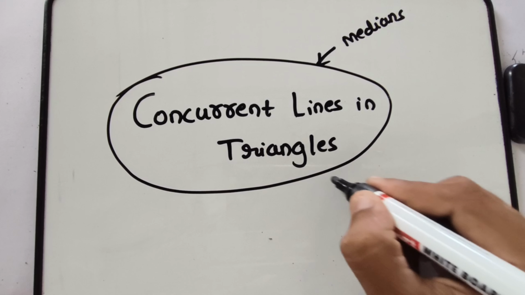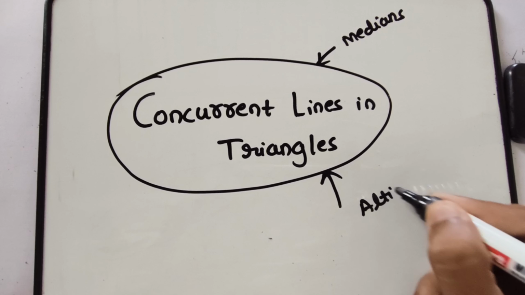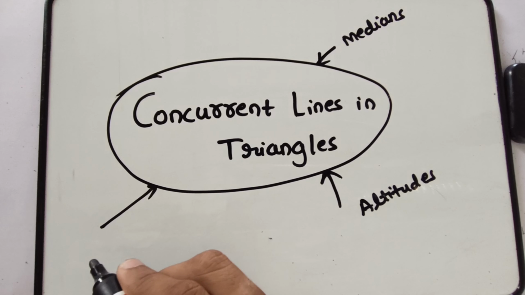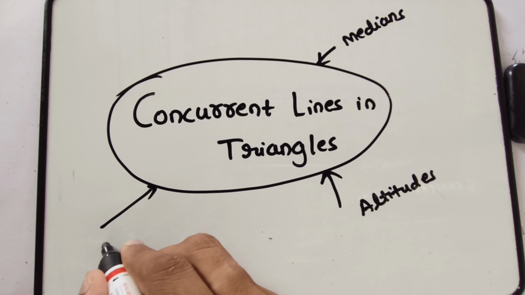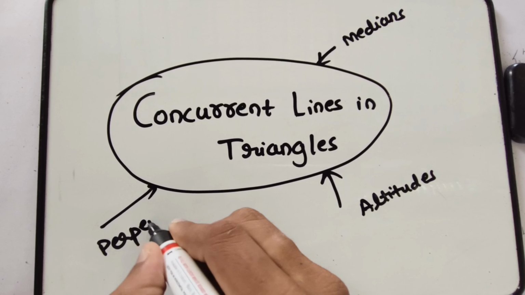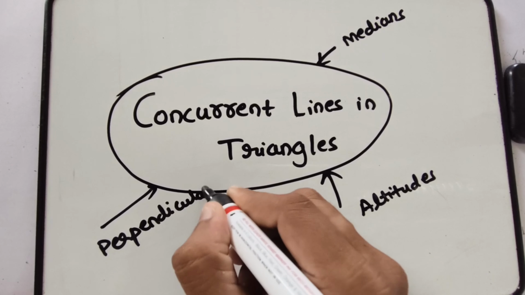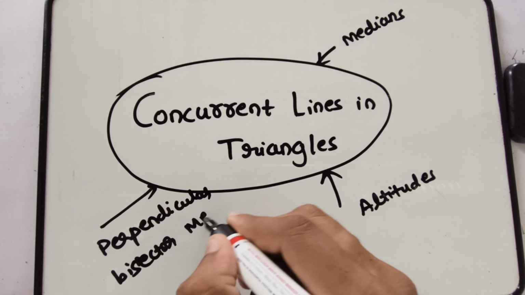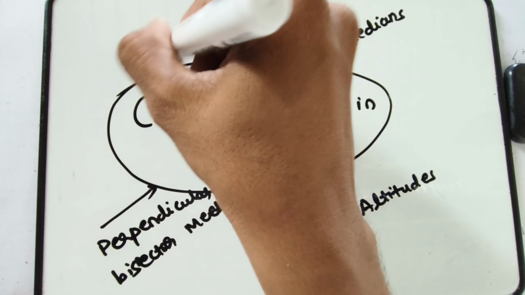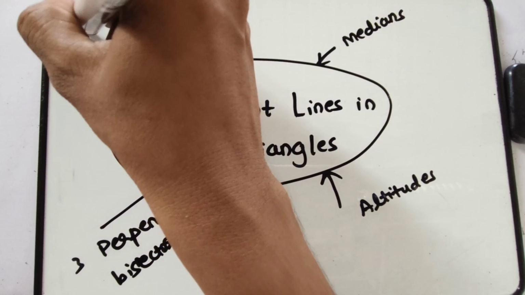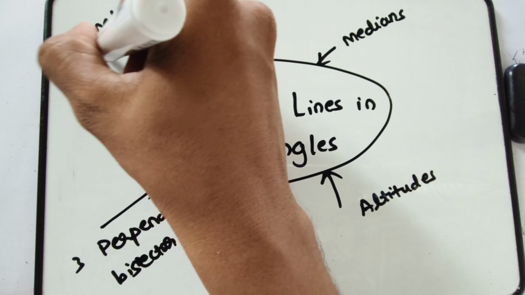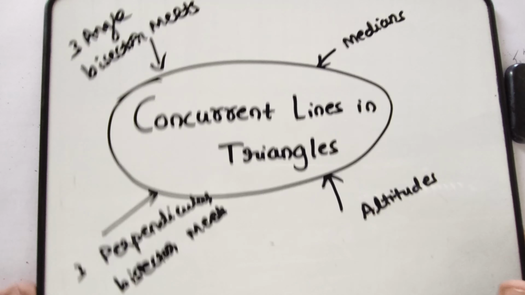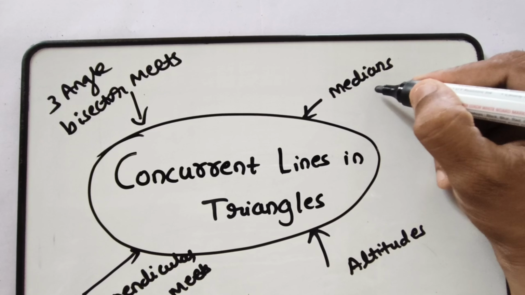They are the medians of a triangle, altitudes of the triangle, perpendicular bisectors of each side, or right bisectors of each side, and similarly angle bisectors, where three angle bisectors meet in the triangle.